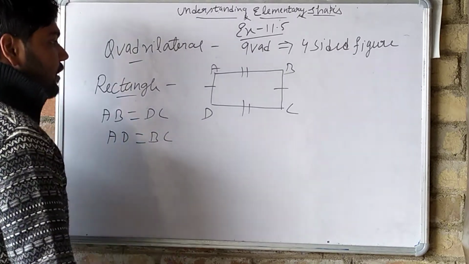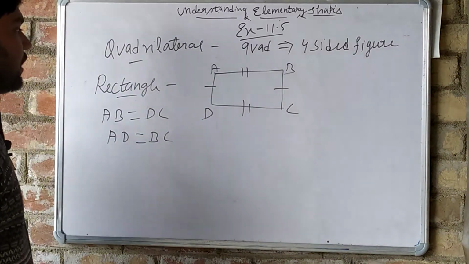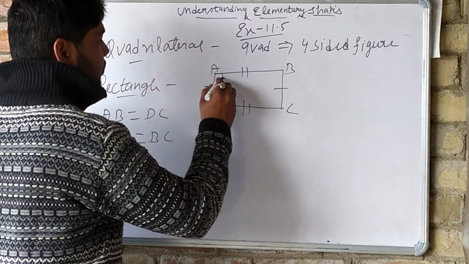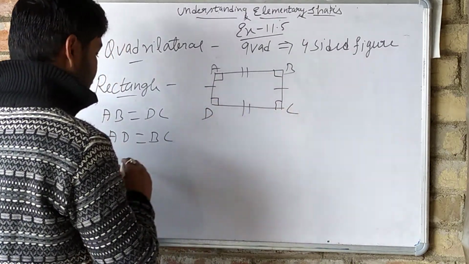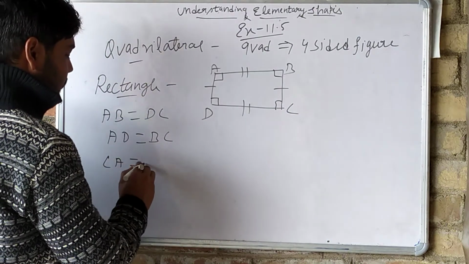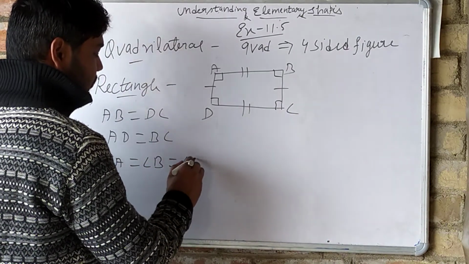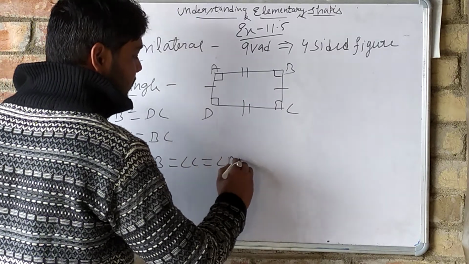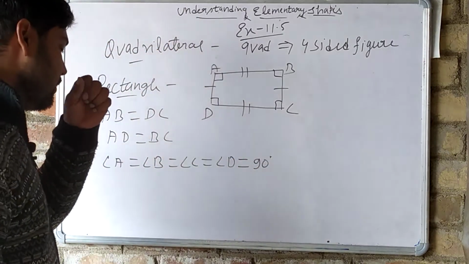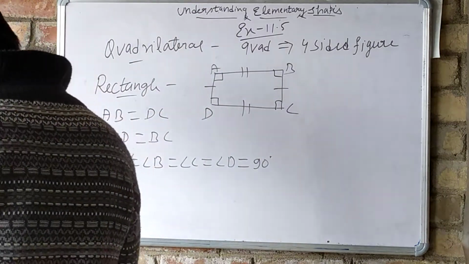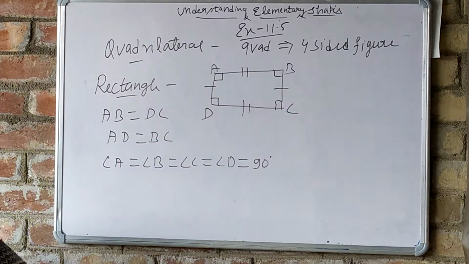That means opposite sides must be equal. And all the angles are 90 degrees: angle A equals angle B equals angle C equals angle D, all equal to 90 degrees. All four angles are 90 degrees.